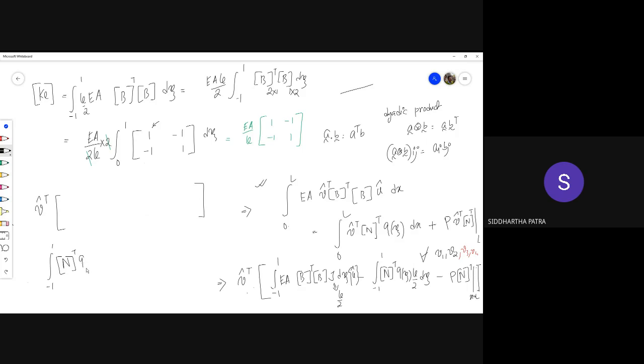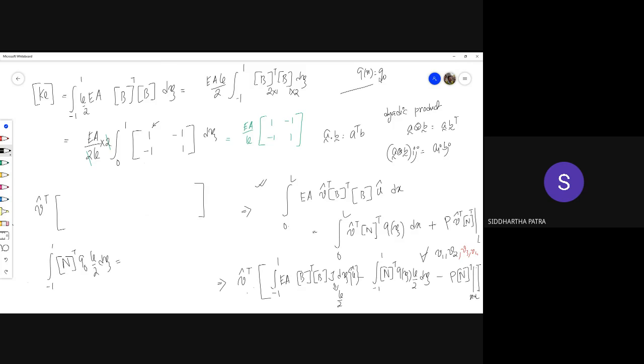For the sake of simplicity, assume the distributed load is uniform, so assume Q of x is just Q0, a constant, uniformly distributed load.